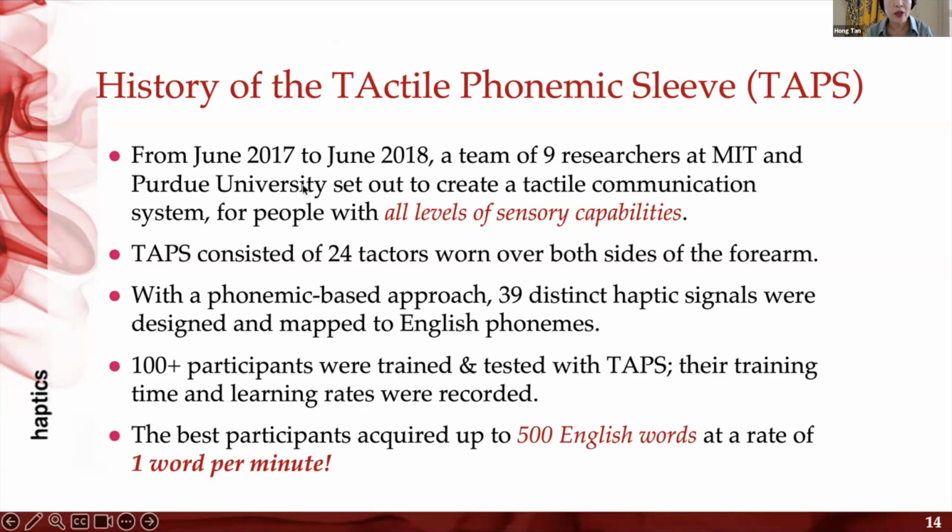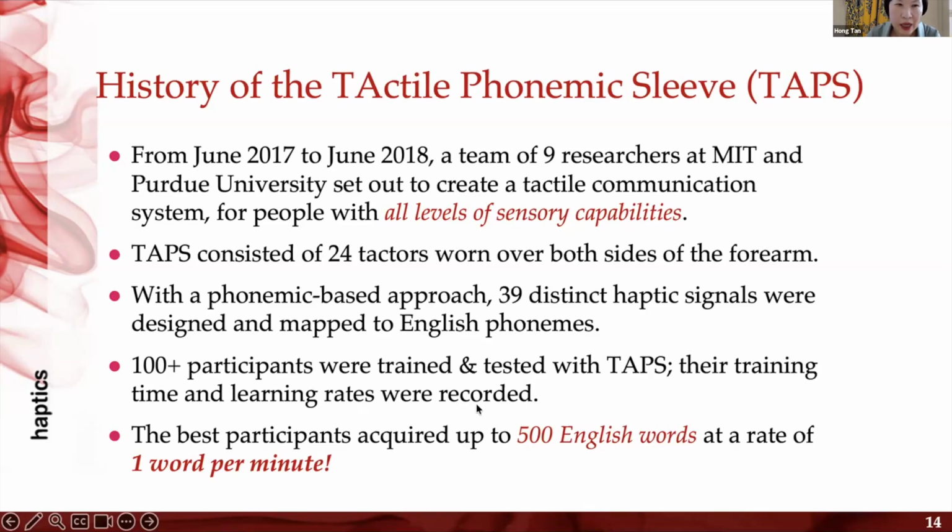So in our case, TAPS is the tactile phonemic sleeve. We made a decision to encode phonemes, and we had 24 tactors worn over both sides of the forearm. And then we encoded 39 distinct haptic signals that map to English phonemes. We ran through more than 100 participants.